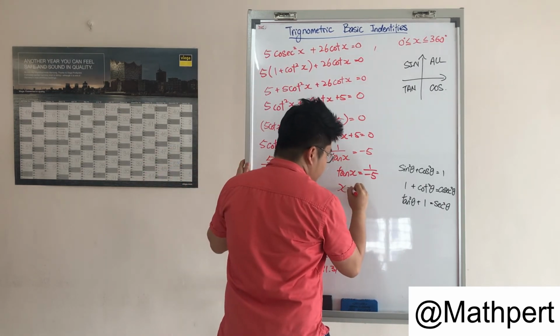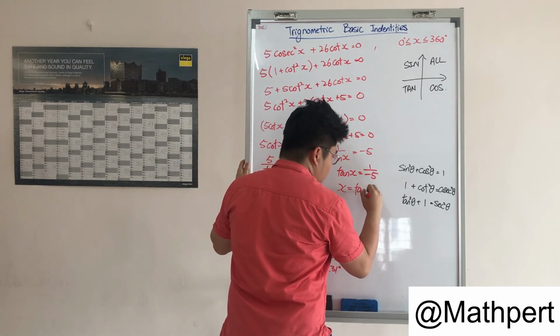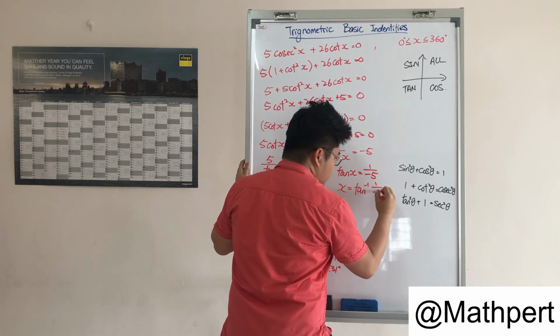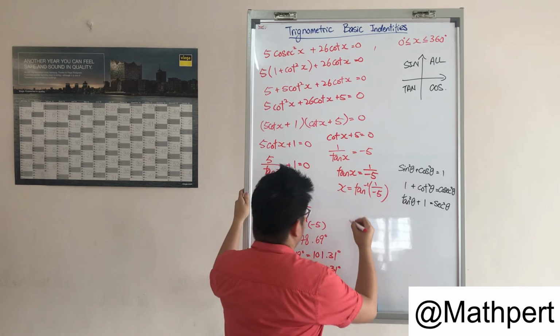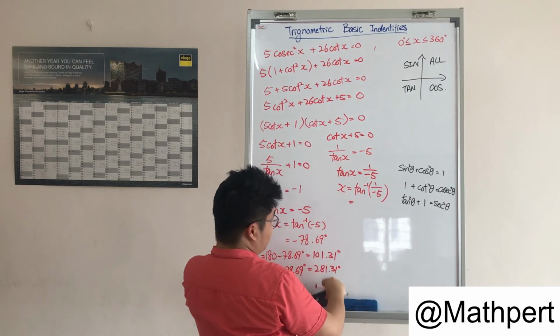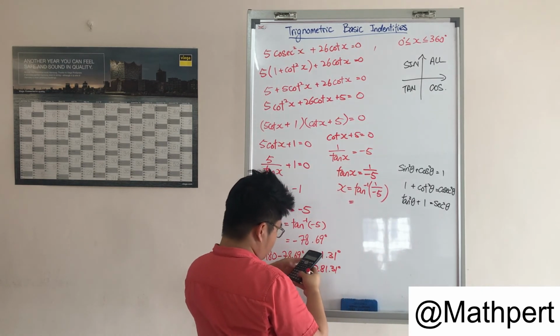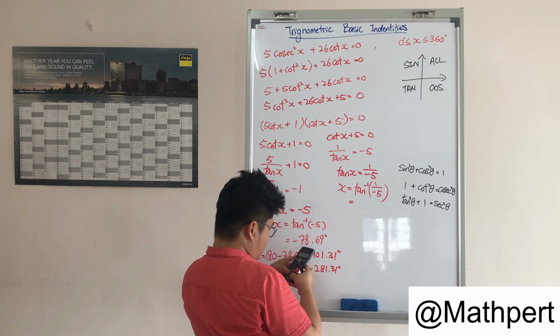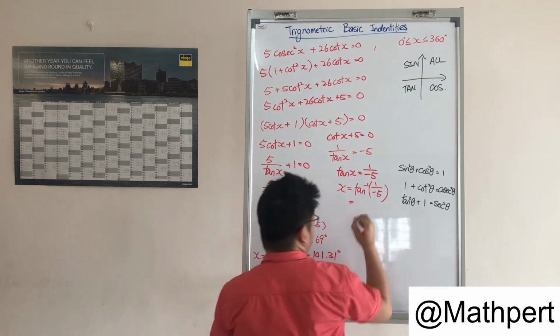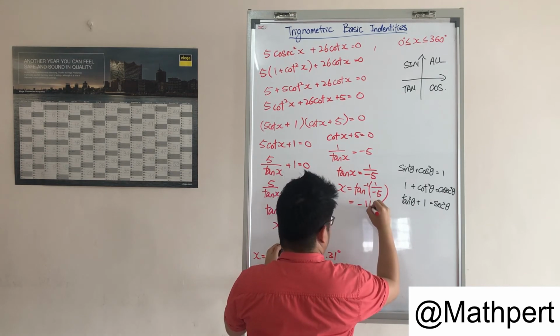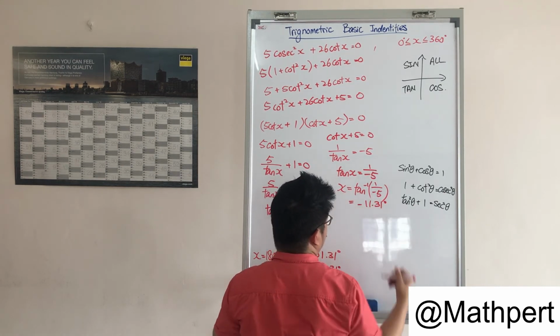So x equals arctangent of 1 over minus 5, and x is equal to minus 11.31.